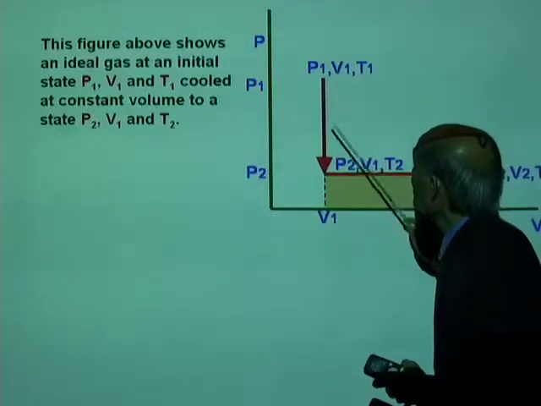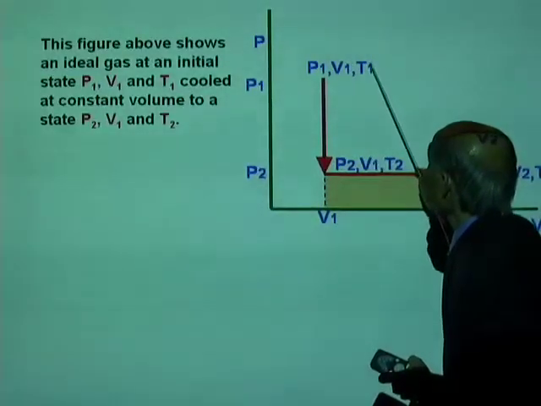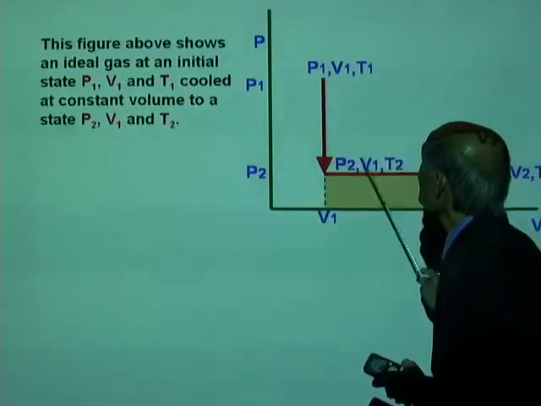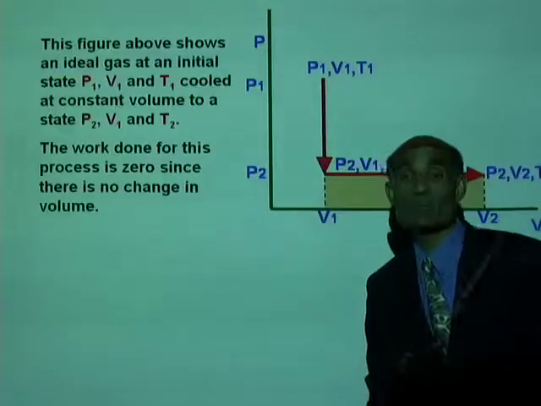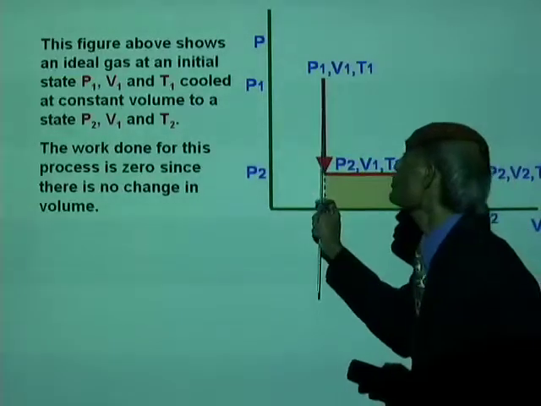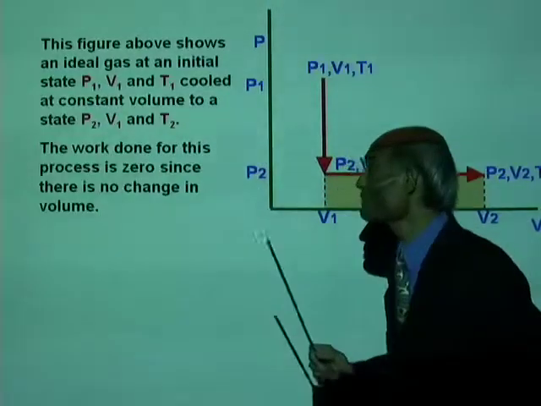Pressure changes from P1 to P2, volume remains constant, temperature changes from T1 to T2. Tell me, what is the work done during that process? There is no work done. Why? Because there is no change in volume.